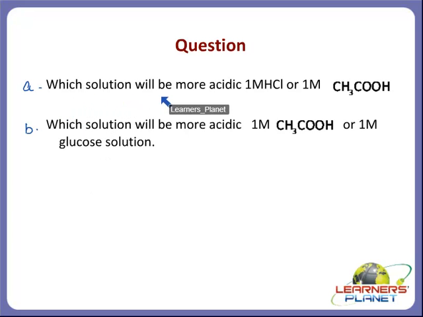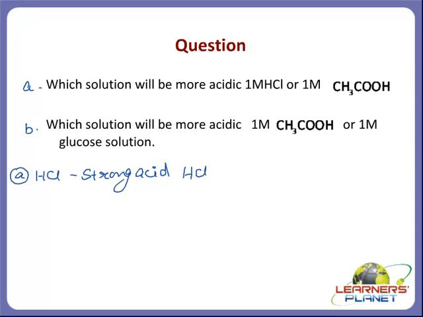Which solution will be more acidic? 1 molar HCl or 1 molar CH3COOH? Now children, what about this HCl? HCl is what type of an acid? HCl is a strong acid. Clear? So this HCl will dissociate completely into H+ ion and Cl- ion.